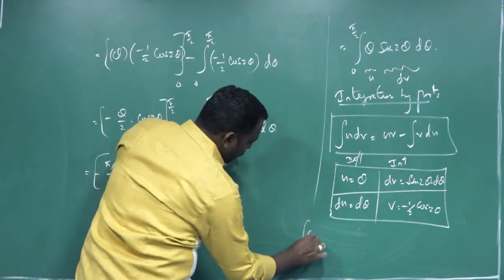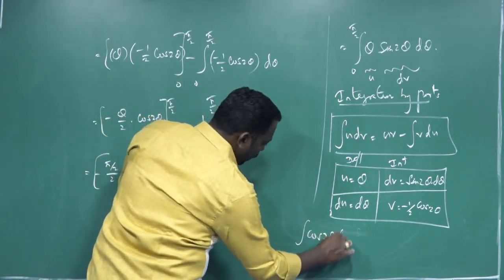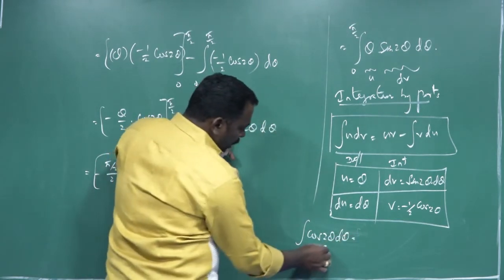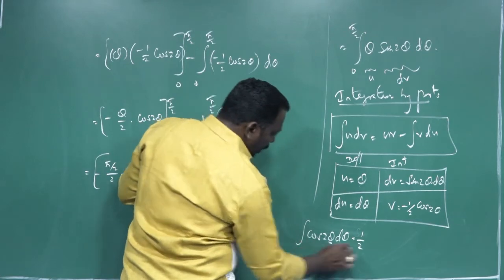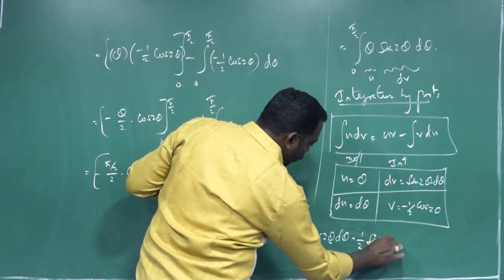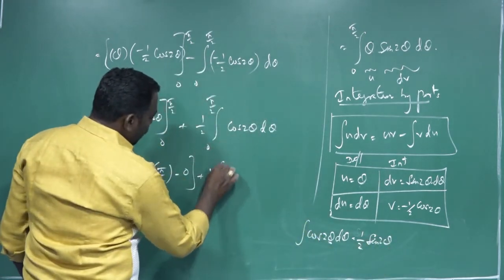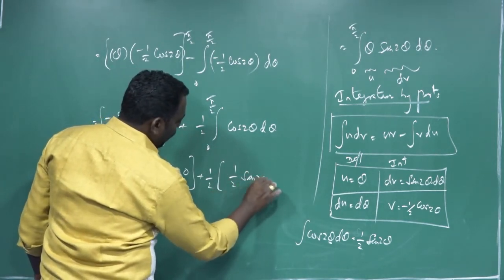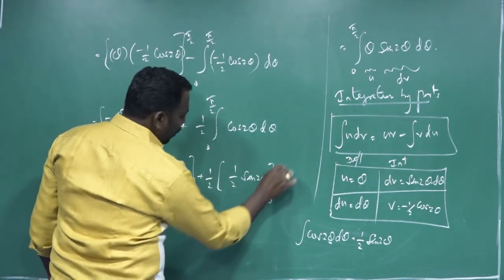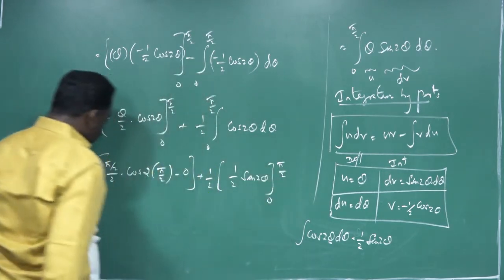Integration of cos 2 theta d theta is equal to, the coefficient of theta being 2, therefore 1 by 2, cos becomes plus sin 2 theta. Therefore within the bracket, 1 by 2 into sin 2 theta, the limits are 0 and pi by 2.